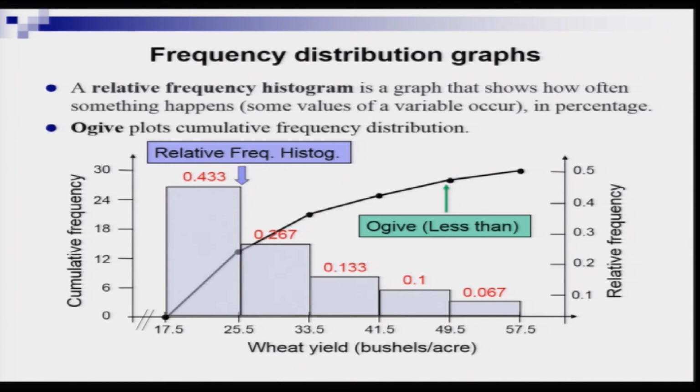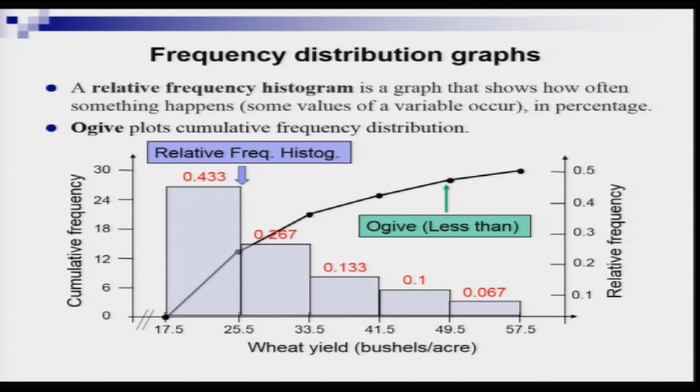Why 5 bars? Because I talked about 5 classes, and if you remember, the first class actually started from the number 18. When we made class boundaries, the number became 17.5.